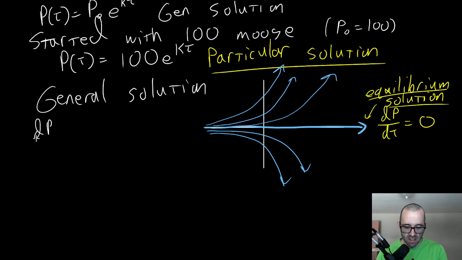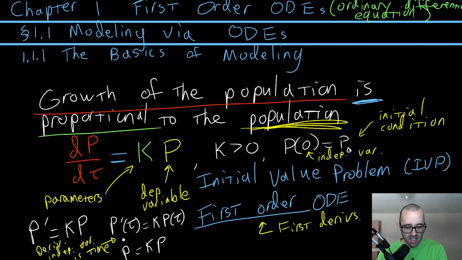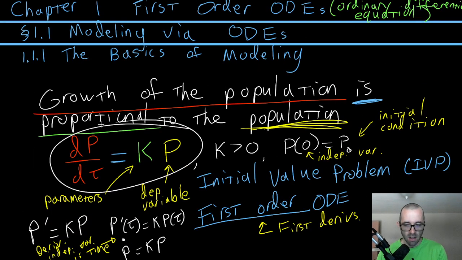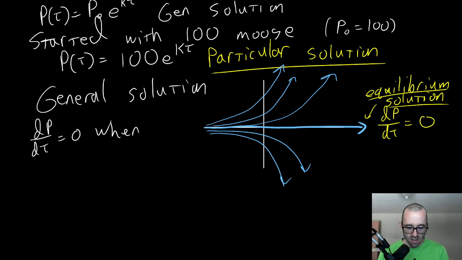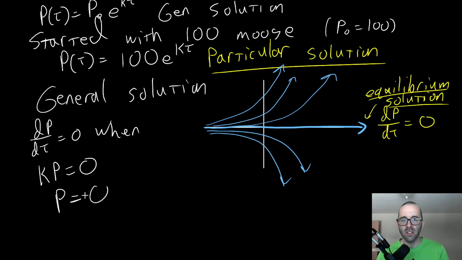So when is dP/dt equal to 0? Well, what was dP/dt? dP/dt was just k times P. So that's going to be true when k times P equals 0. And we just solved this equation. k is a constant. We can divide both sides by a constant. And that's just when the population is 0.